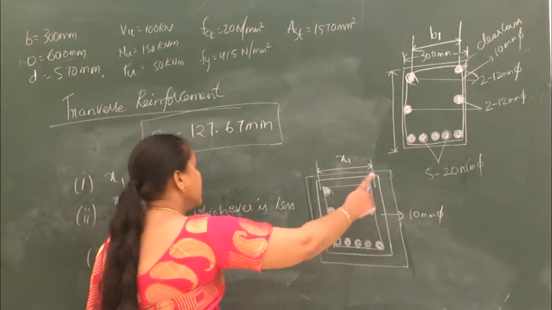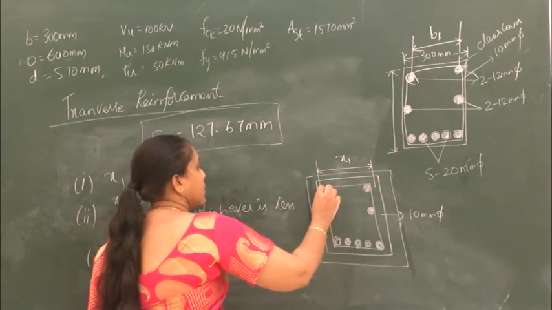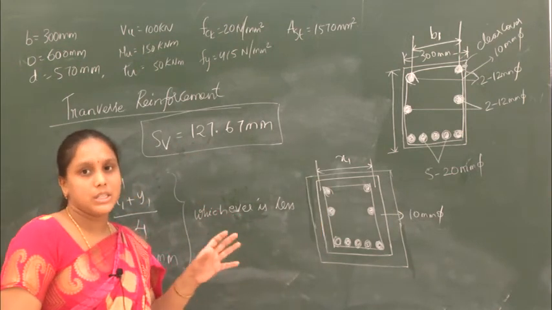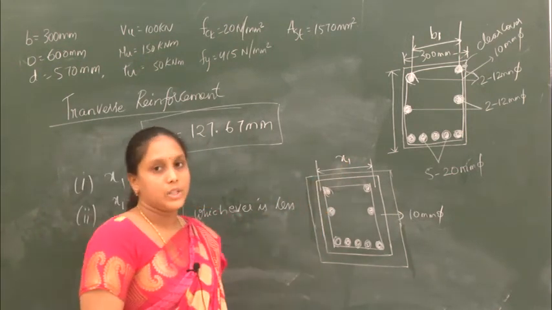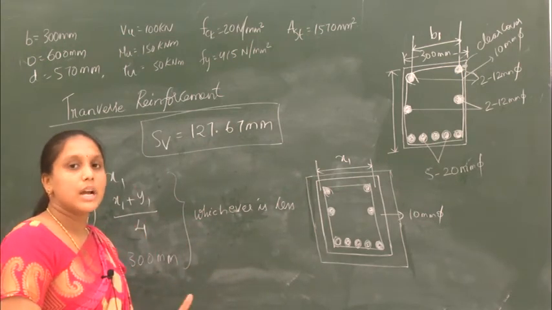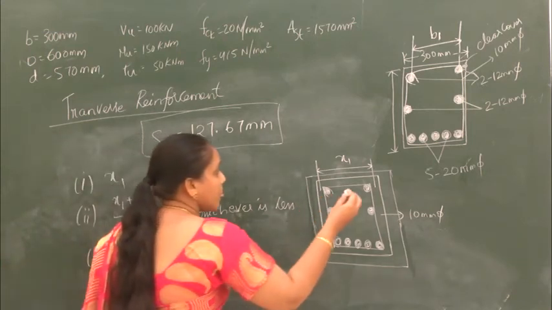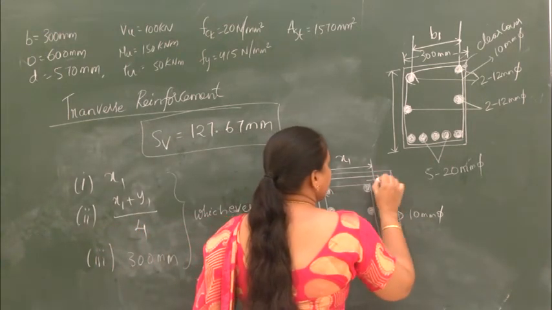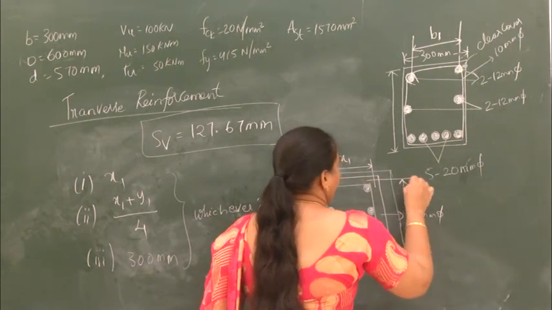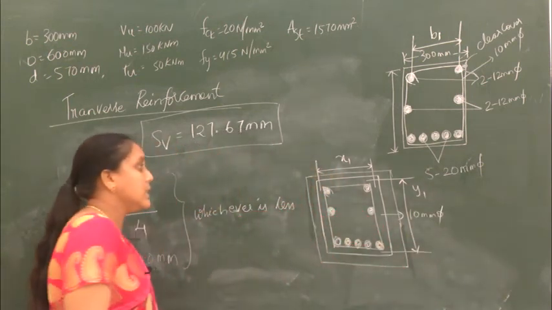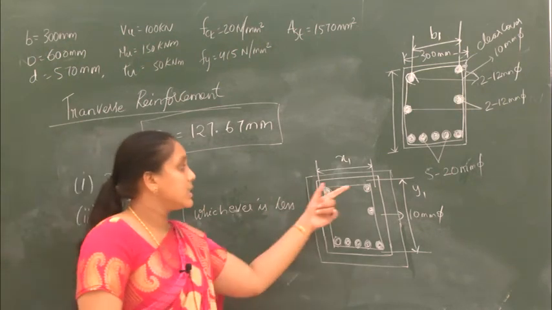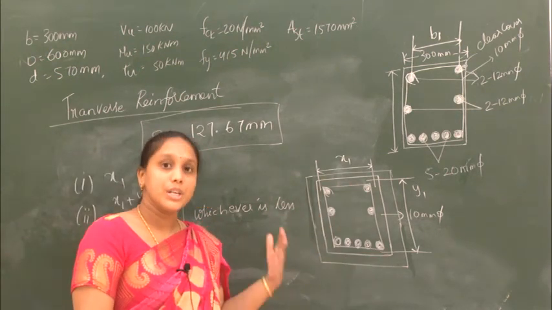So the center to center distance of the stirrup, that is the short distance, is taken as x1, and the longer distance of the stirrup center to center is considered as y1. So what will be your y1? This is going to be your y1. So x1 is the center to center distance of the stirrup which is short, and y1 is the center to center distance of the stirrup which is long.